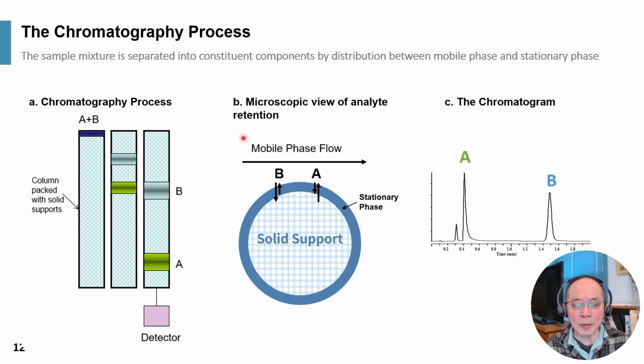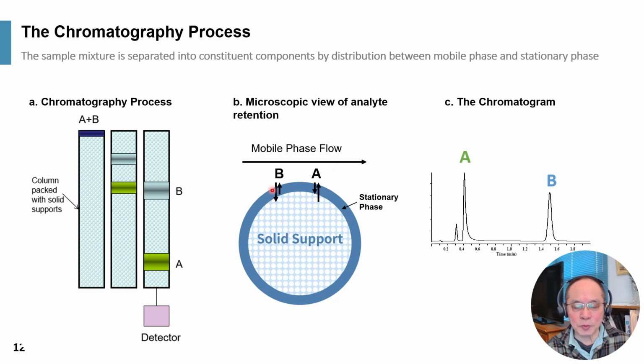A microscopic view is very interesting too, right? So we have a single solid porous silica here, and we are using a stationary phase which is hydrophobic. So we are bonding a ligand such as C18 onto the surface of the porous silica, and one can see that A, being more polar, has a partition coefficient between the aqueous layer and the hydrophobic stationary phase that is very much towards the mobile phase area, right?